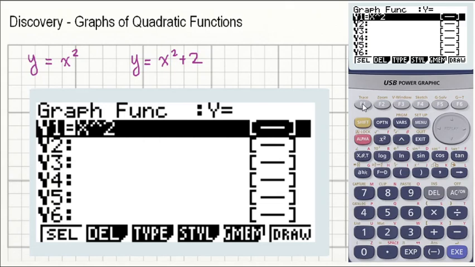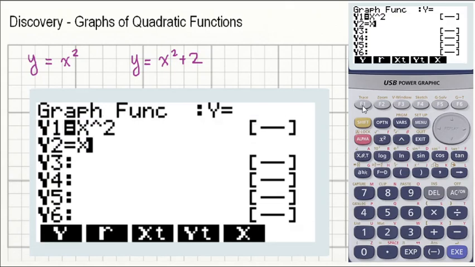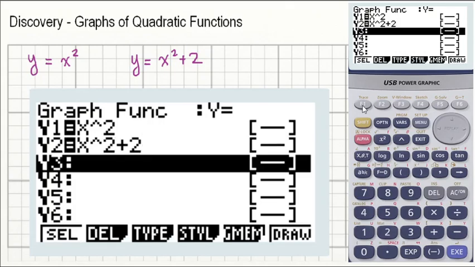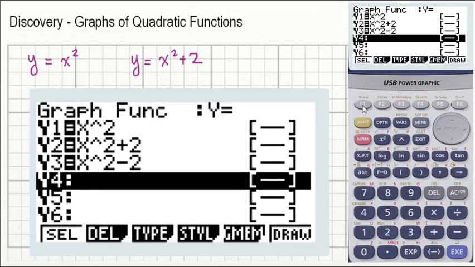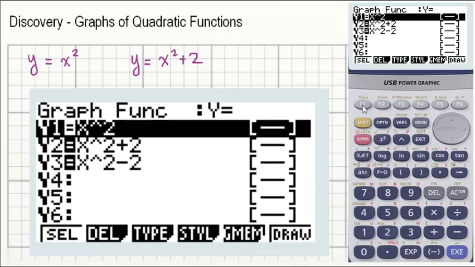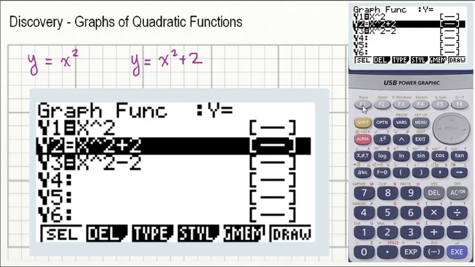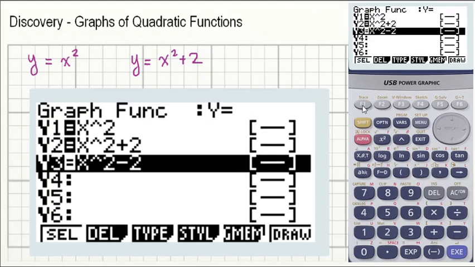So it's good to know about this because you can actually input a lot of different functions that you want to analyze and plot them as you want them. So for example, I've added three functions here: x squared, x squared plus 2, and x squared minus 2.